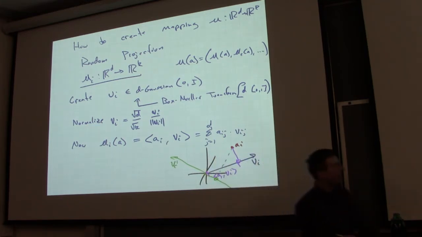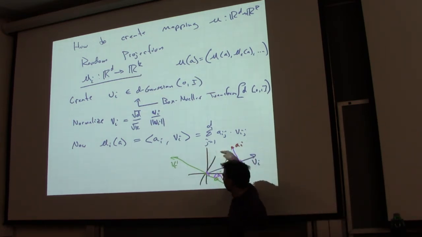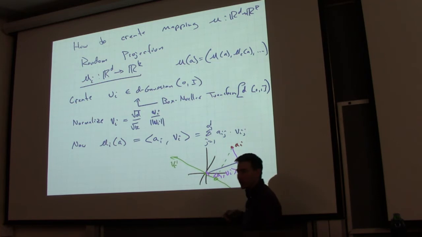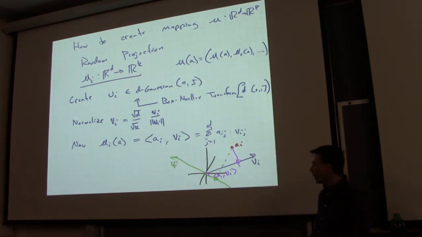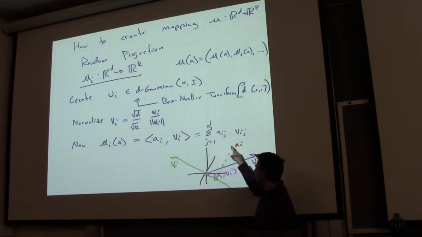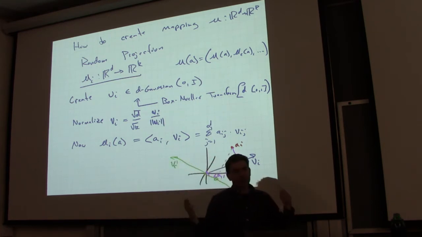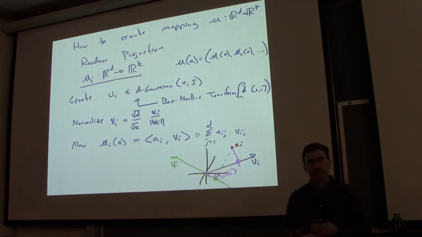It could have also wound up over here, and it could have projected this way. But either way, it's going to be closer. It will always be closer to the origin. So if I get the distance from the origin of every point, by doing this scaling, it keeps the squared norm to be roughly the right size.